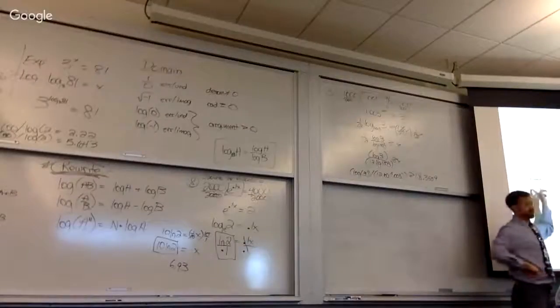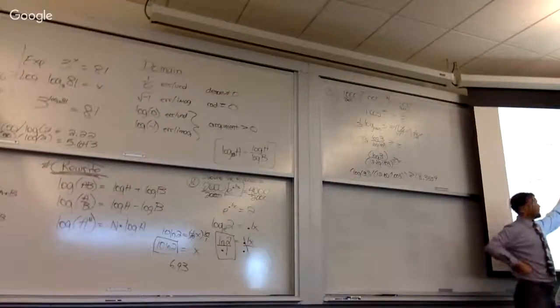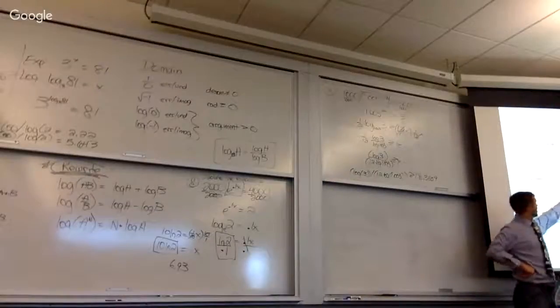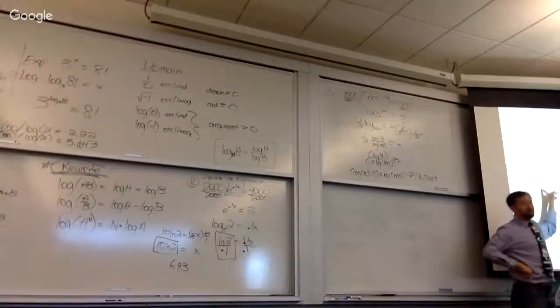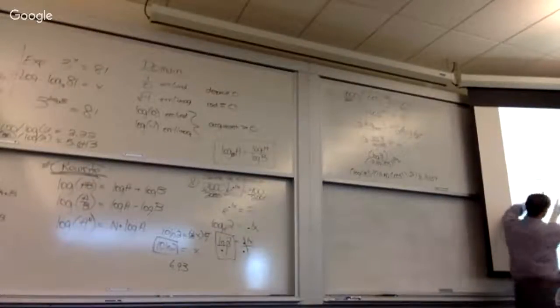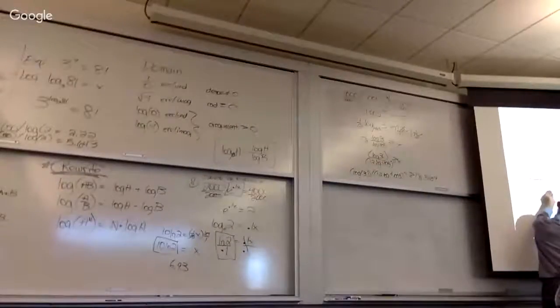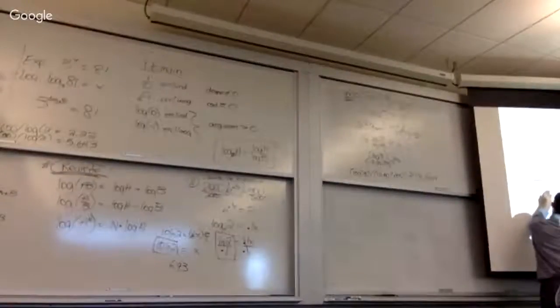They are both log base 10. Yeah, exactly. Since this is log base 10 and that's log base 10, you've got the same base on both sides. So whatever's inside has to be the same. If they're both log base 10, those two things have to be equal.